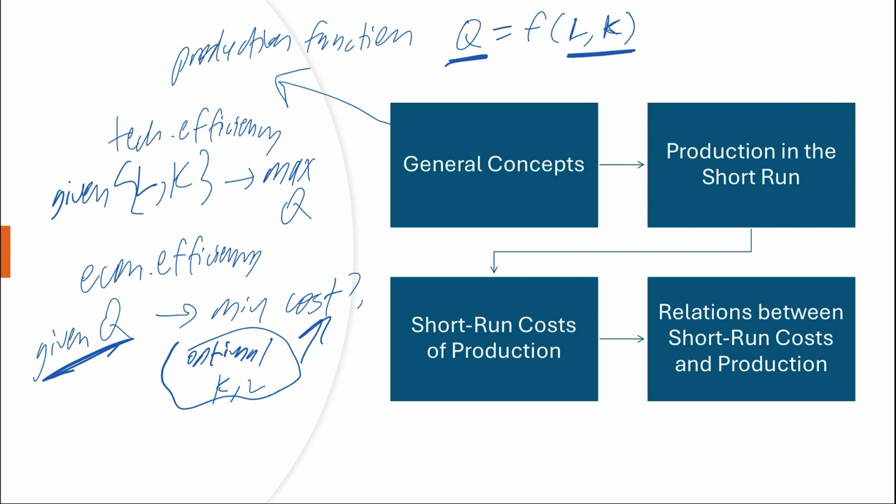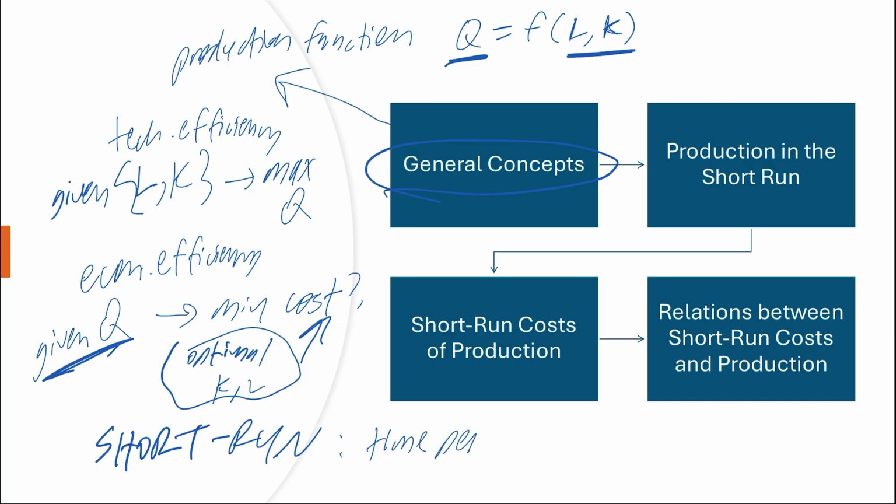Okay, and then one important thing to note in terms of general concepts is the idea of short run, which is where we start in this first chapter, in Chapter 8. Short run is really just going to mean however long the time period is when one or more inputs are fixed.